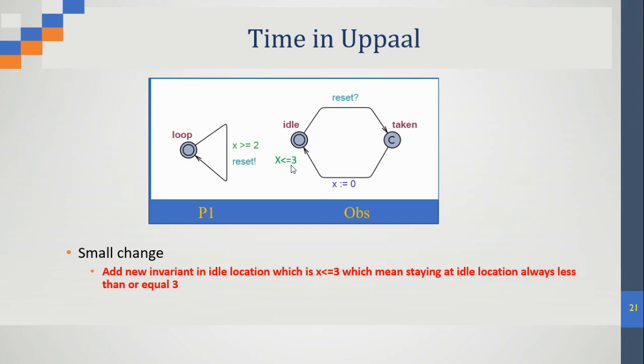So is there anything that will change in the behavior of the system based on this small change? Actually, as we expected, we have limited the time between 2 and 3. Is this true? Let's see. How do we verify that? We should add queries similar to our previous queries and check if x is only between 2 and 3.